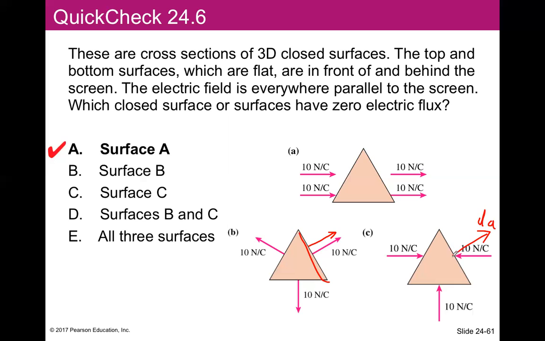Then the angle theta between your E and your dA is greater than 90 degrees. Then cosine theta is a negative number, right? So you have a negative flux. The same thing here and here. So you always have negative numbers on each surface. Then the total electric flux will be negative.